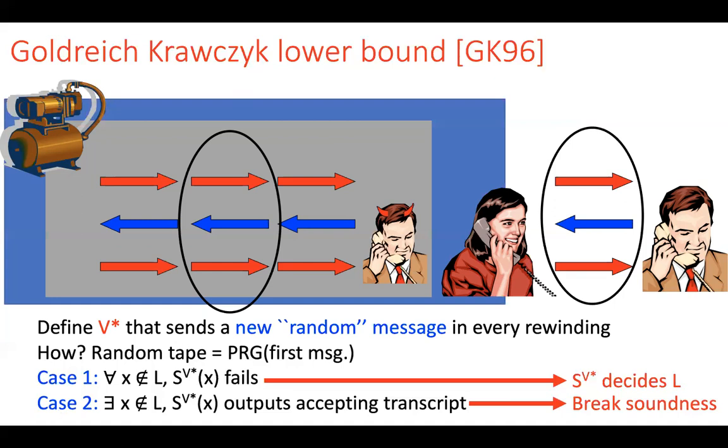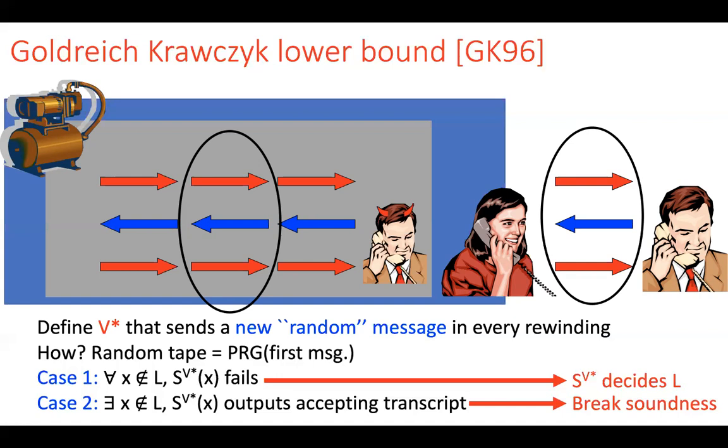But now there is one more thing that we need to deal with. If we are forwarding an external session internally in one of these rewindings, are we changing the distribution of the messages from the verifier in the simulator? Since we use the PRG to generate a random tape, and externally this verifier has a fresh random tape, it would not change the distribution, or at least it will be computationally indistinguishable to the simulator.